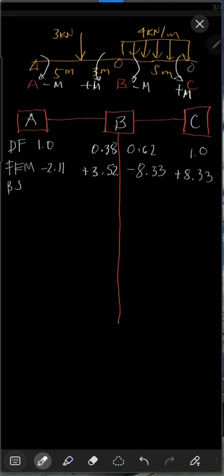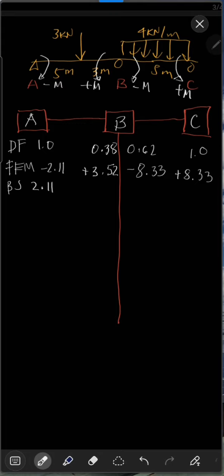Again, take note, to balance the joints, you sum up the fixed end moments at that point, say point A, B, or C, multiply by the distribution factor, then change the sign. So for A, we have negative 2.11, with no other moment, multiplied by distribution factor 1.0. Change the sign, so you have positive 2.11.